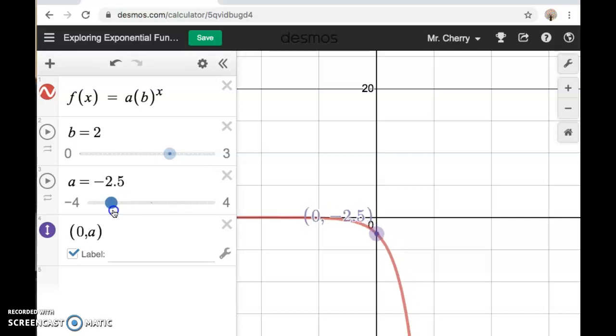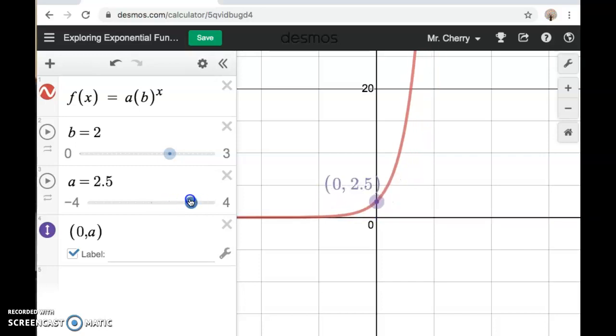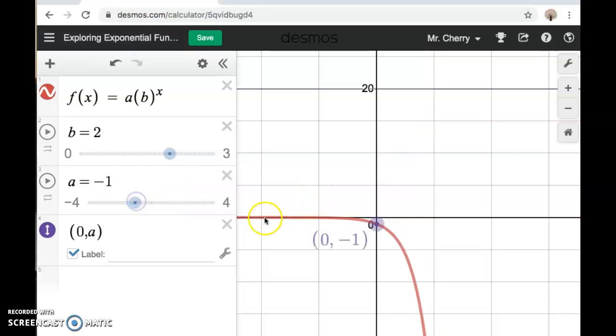What's weird is it's almost like that function literally flipped from one side of the graph to the other. And that's what a can do. So not only does it affect the y-intercept, but it also changes the direction of this curve from an increasing curve to what we would call a decreasing curve.